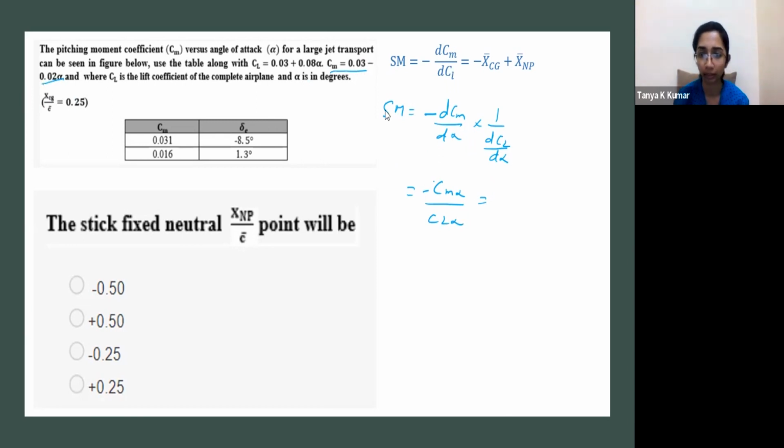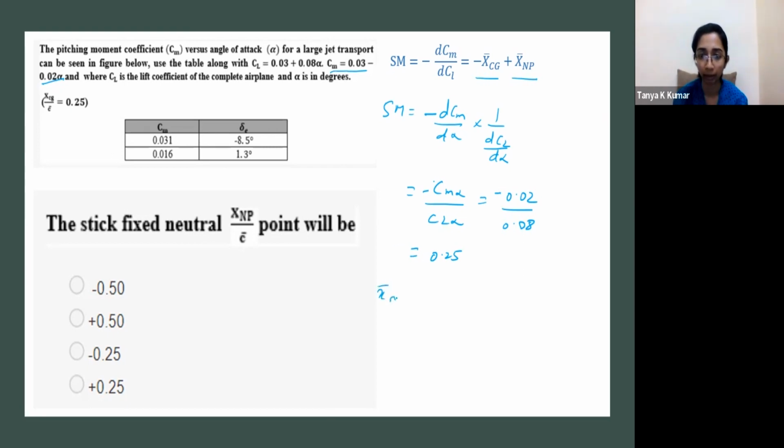Minus 0.02, correct. And Cl alpha similarly would be 0.08, right? So what is this value? 0.25. Now we know this value, xcg by c bar we know, and we need to find out xnp.